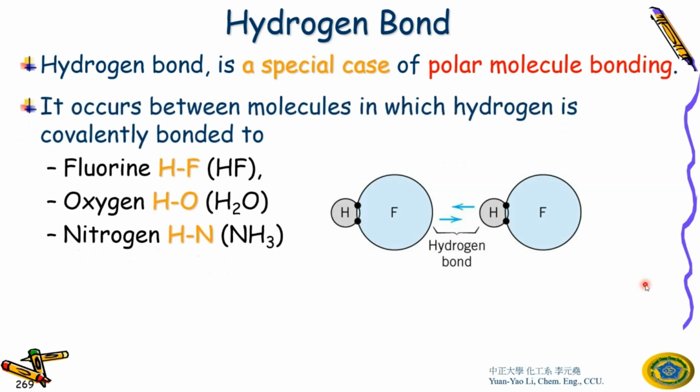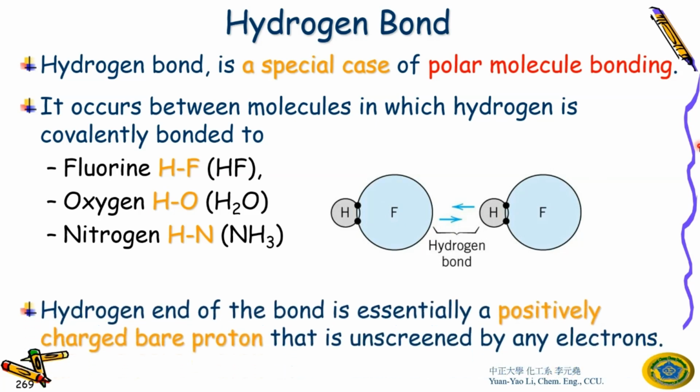It occurs between molecules in which hydrogen is covalently bonded to fluorine, oxygen, and nitrogen. I just told you this, right? The hydrogen end of the bond is essentially a positively charged bare proton that is unscreened by any electrons. This is unscreened. There's no protection for this hydrogen by electrons, because there's no electron here.